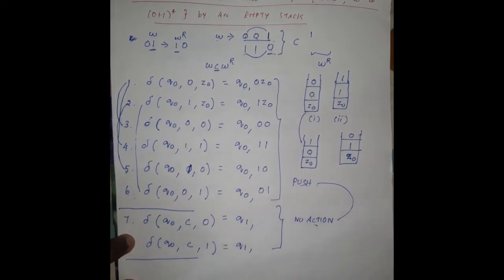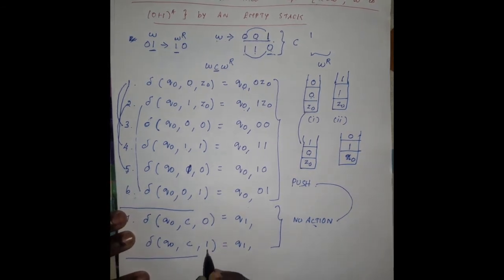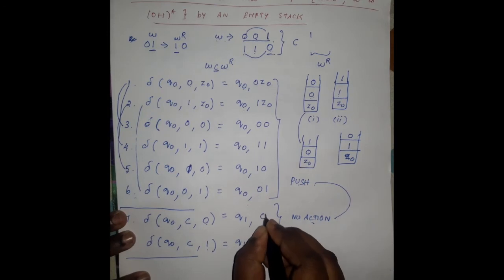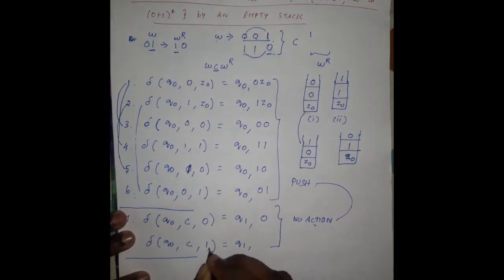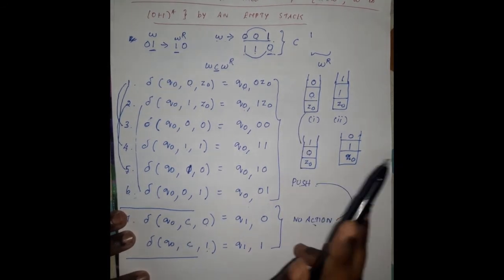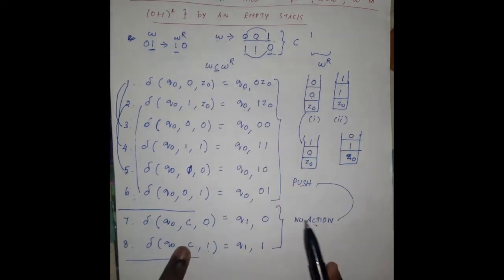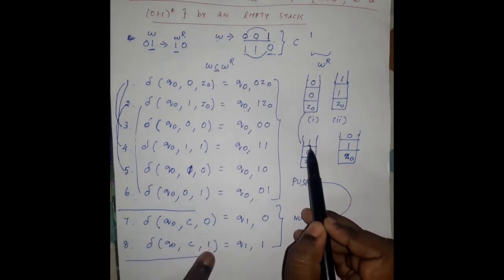So now the stack has the same element that is already present in the stack. So here 0 stays as the stack element and 1 stays as the stack element, because for the separator symbol no operation is performed on the stack. Consider this stack. Here I am going to read the current input symbol C, and the top of the element is 1, right?